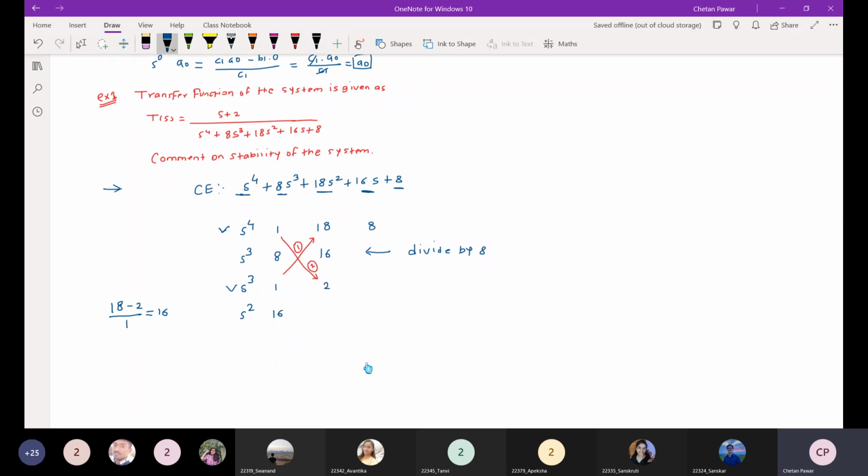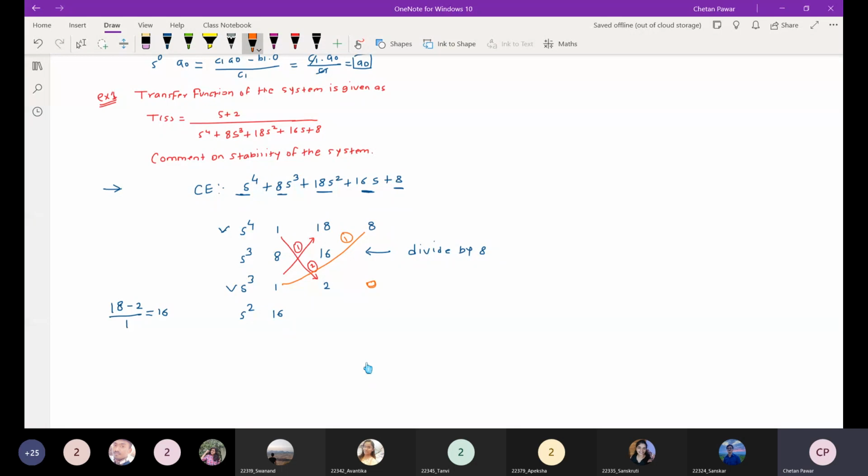Okay, now the next element we need to find out in this row. So I will multiply, using this color here, this first term. Now no element is there here. So at this point in the third row, no element is there. You can consider that as a 0 also. No issue if no element is there.